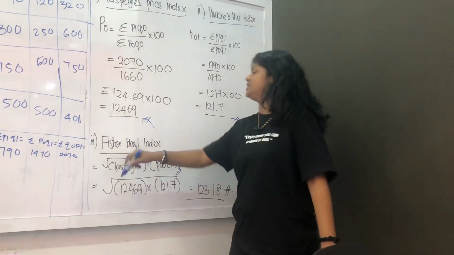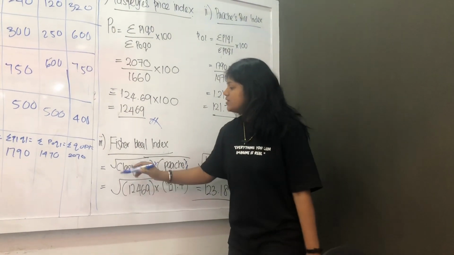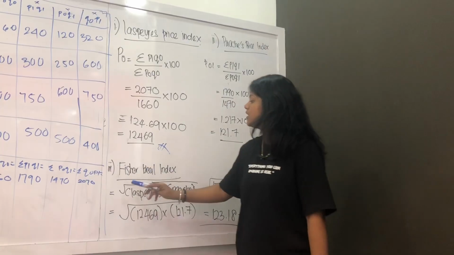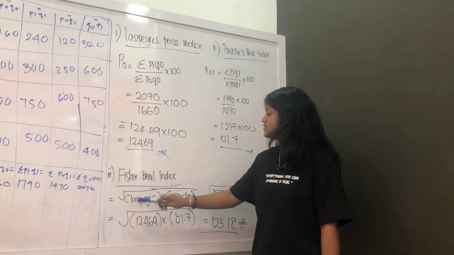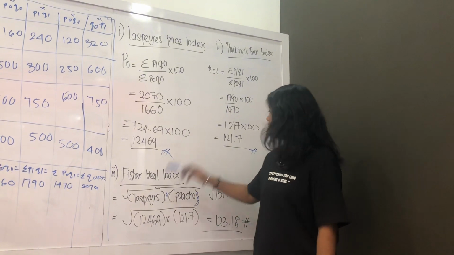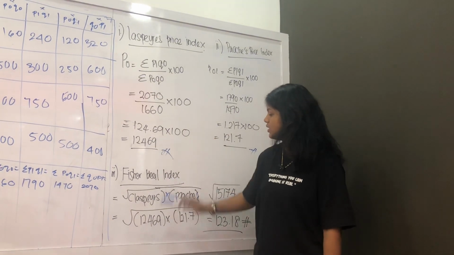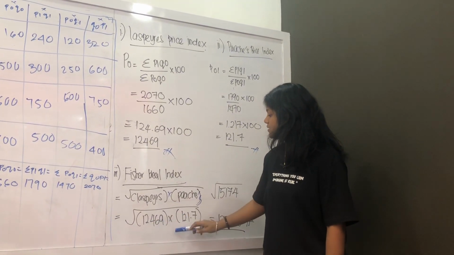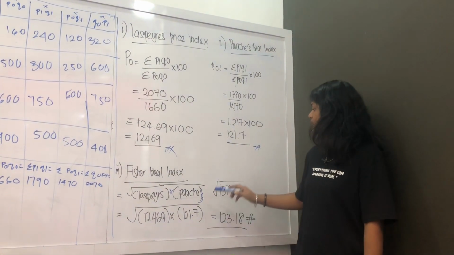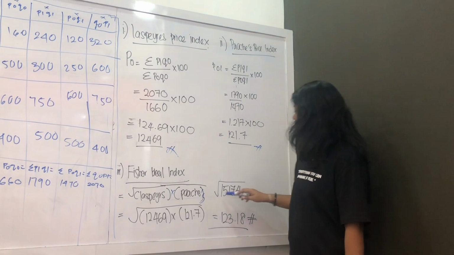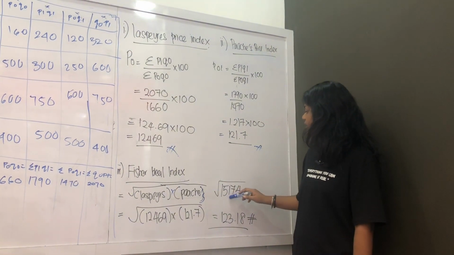Okay, the last method is the Fisher ideal index. The Fisher ideal index is the square root of the last period's answer times the partial answer. So the first one is the square root of the last period's answer, 124.69, times the partial answer, 121.7. So the total becomes 15174.